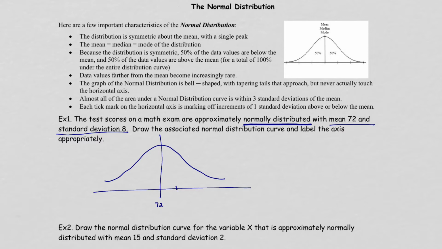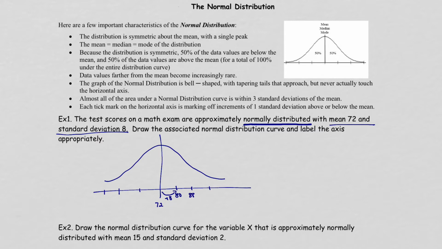So what about the three standard deviations, right? I mean, not the quartile, but three standard deviations. Three standard deviations is going to be from here to here, plus 8. That gives you 80. Plus 8 again will be 88.